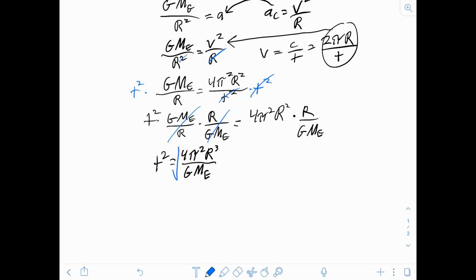Finally, we'll take the square root of both sides, so we're left with period of orbit T equals the square root of 4 pi squared r cubed over the gravity constant times the mass of Earth. Something that should be noted here is that 4 pi squared, the gravity constant, and the mass of Earth are all constant numbers in this equation. So T, or the period of orbit, is directly proportional to the radius to the 3/2 power.